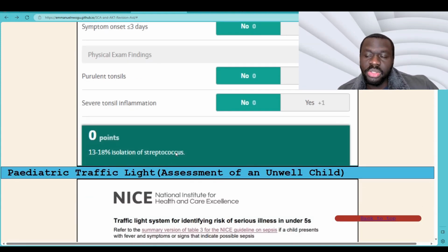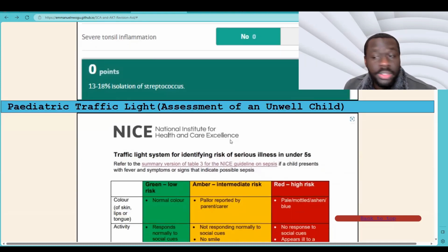It shows you're not just doing things on your own, but carrying the patient along. It shows you're recognizing patients' autonomy. The patient can say, well, no doctor, you know what? I don't want antibiotics. I'd rather just carry on with salt water gargles, use some Strepsils, take some paracetamol. Maybe I should give it a few days and see how things go. Patient autonomy has to be recognized and respected.